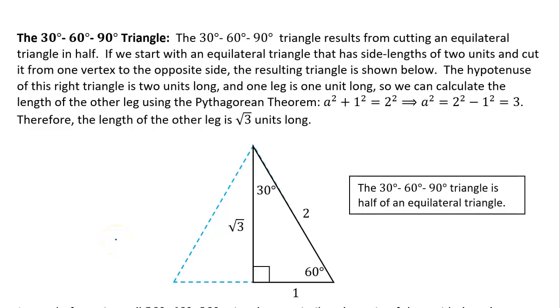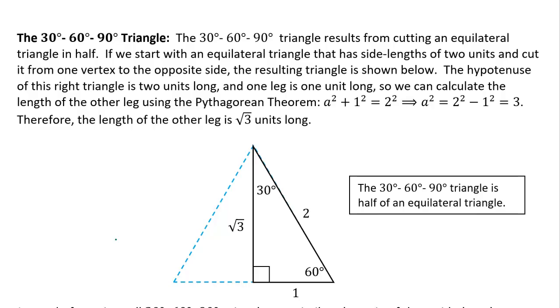Now let's say we take an equilateral triangle where the side lengths are 2 units long. If we cut it in half, that's going to cut one of the sides in half, so one of the legs will be 1, and the other side we can figure out with the Pythagorean theorem.